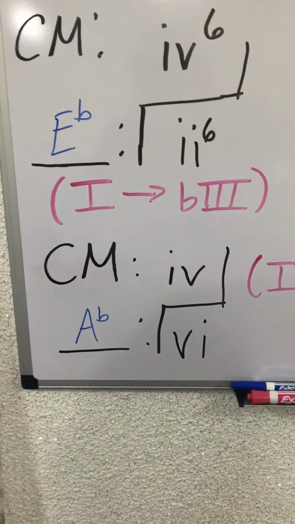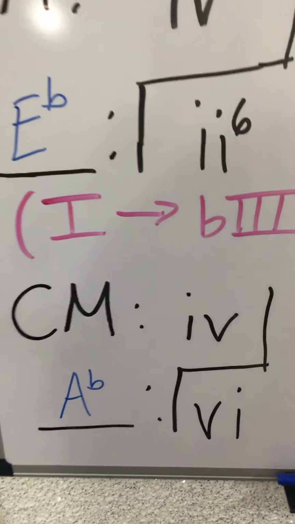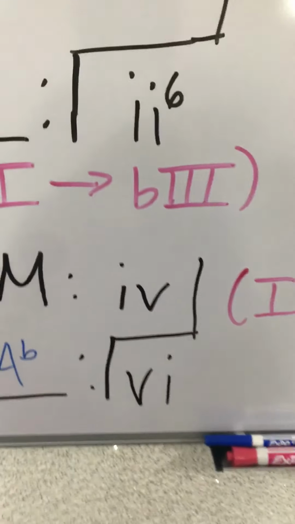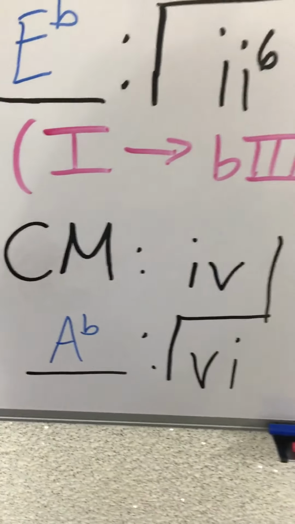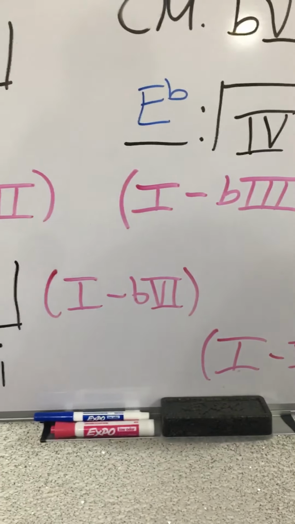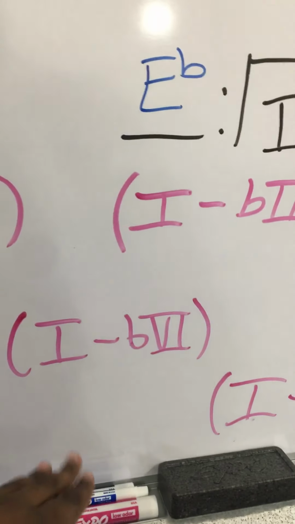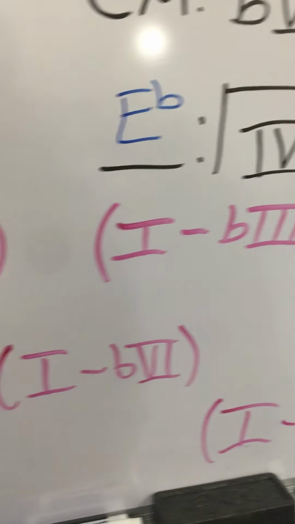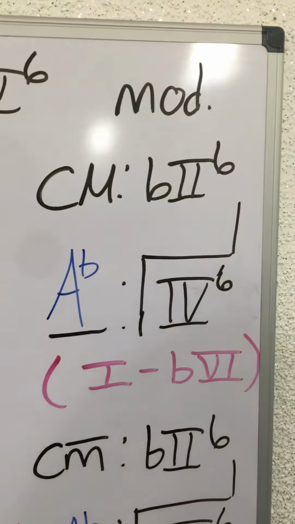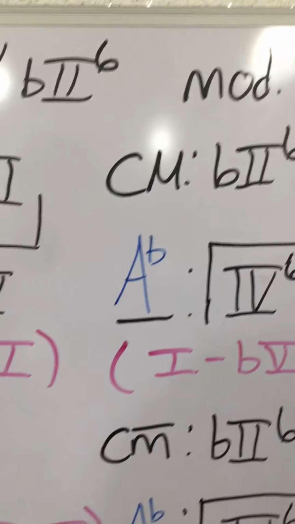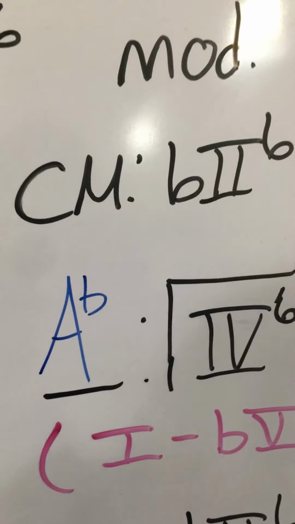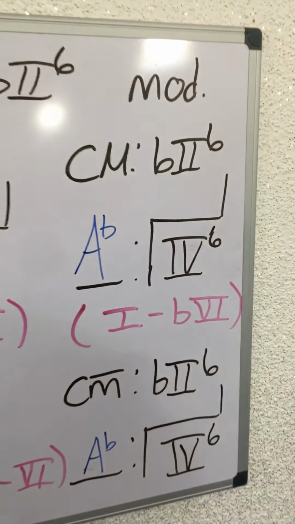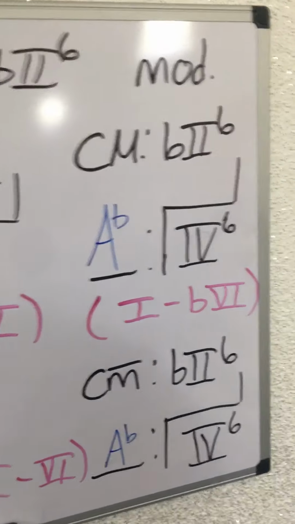If I'm in C major, I have a chromatic 4 chord, which becomes a minor 6 chord in A flat major. Here I have a modulation from tonic to flat 6. Using the Neapolitan in C major, I have my Neapolitan, which becomes a 4/6 in A flat major.